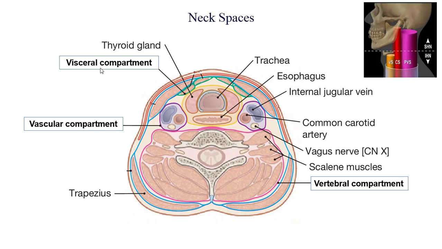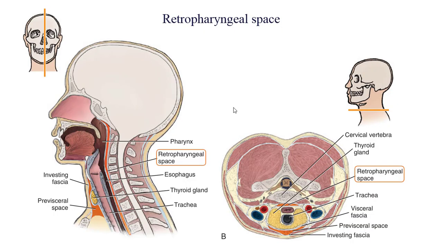The visceral compartment contains glands, thyroid, parathyroid, and thymus, the larynx, pharynx, and trachea. Two vascular compartments contain the common carotid artery, internal jugular vein, and the vagus nerve on each side of the neck. And here you can see the retropharyngeal space.